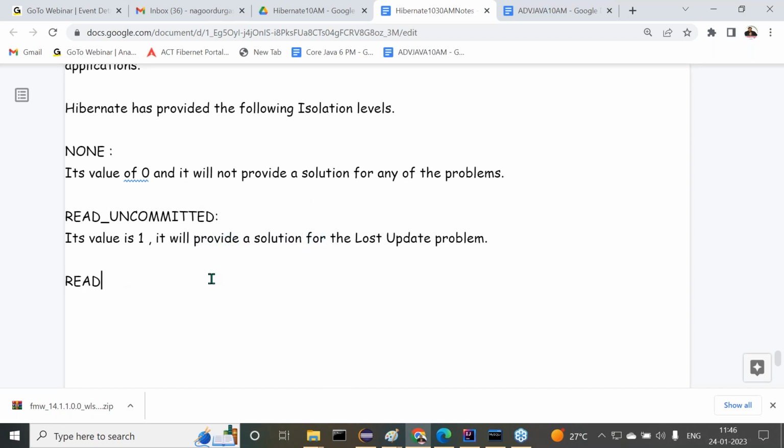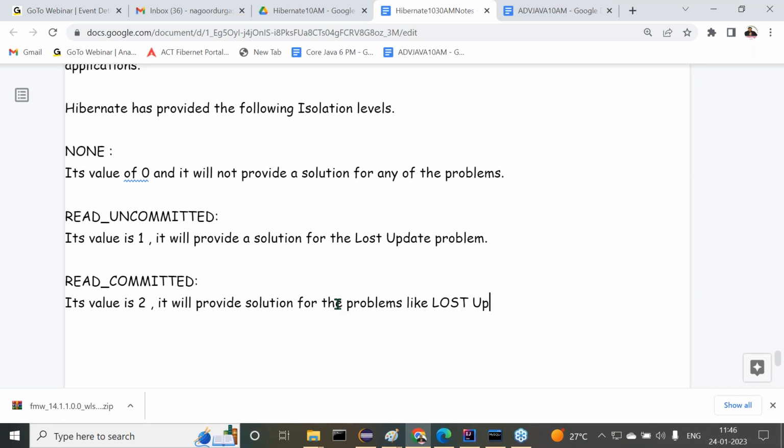Next one is READ_COMMITTED. Its value is 2. It will provide a solution for problems like lost update and then dirty read.